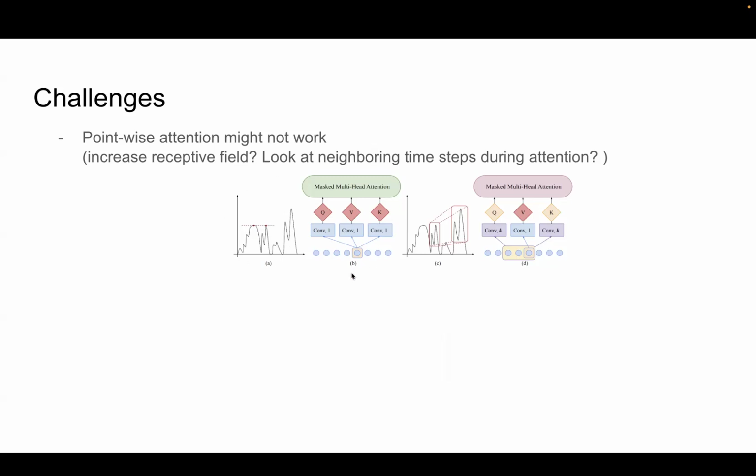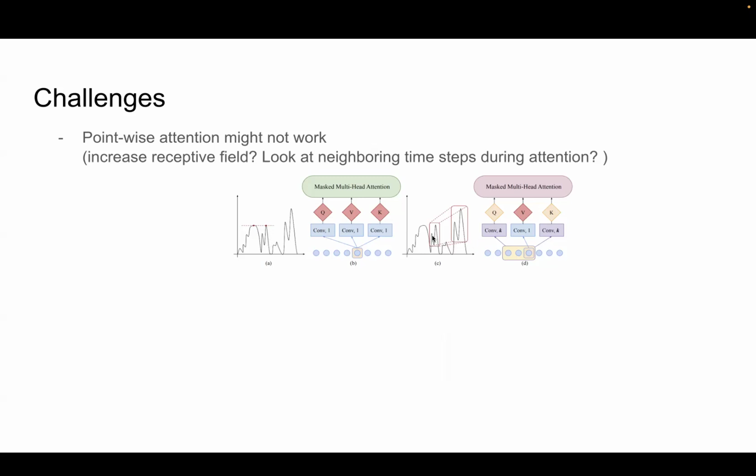If we look at the plot on the left, maybe the two red dots here, the transformer might think they're very similar because they're of the same height. But from our perspective, we know that the second dot is actually more similar to the last section here because they share the same pattern.